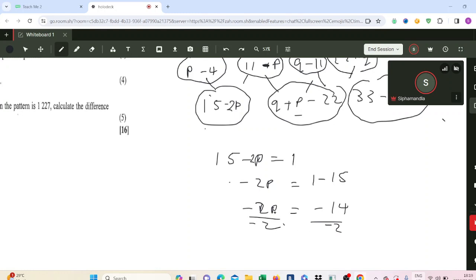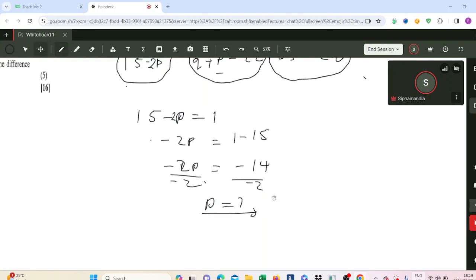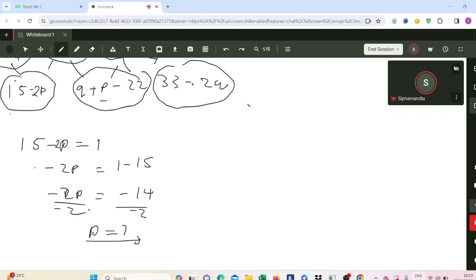Okay, and then we have p being equal to 7, right? And then also we can solve for q by taking this one, which only has q, and equate it to 1. So we can have 33 minus 2q equal to 1. Then we take this to the side, and we leave negative 2q on the side.